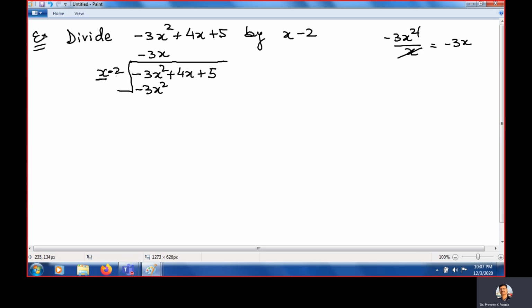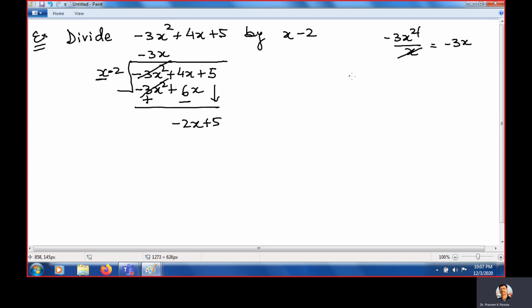Now minus plus 2 into 3x is 6x. Now you need to subtract. Subtract means this minus changes into plus, this plus changes into minus. So minus 3x square plus 3x square cancels. Look, here is minus 6x plus 4x, minus 6 plus 4 is minus 2x. Bring this 5 down, plus 5.